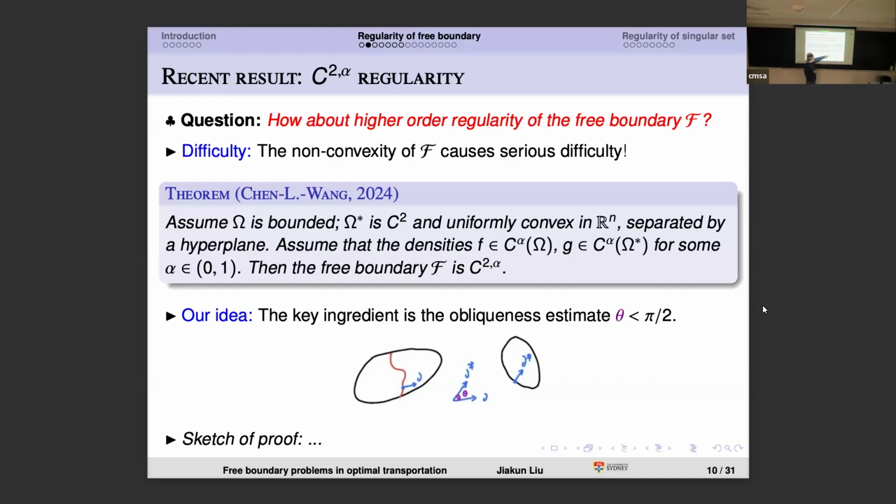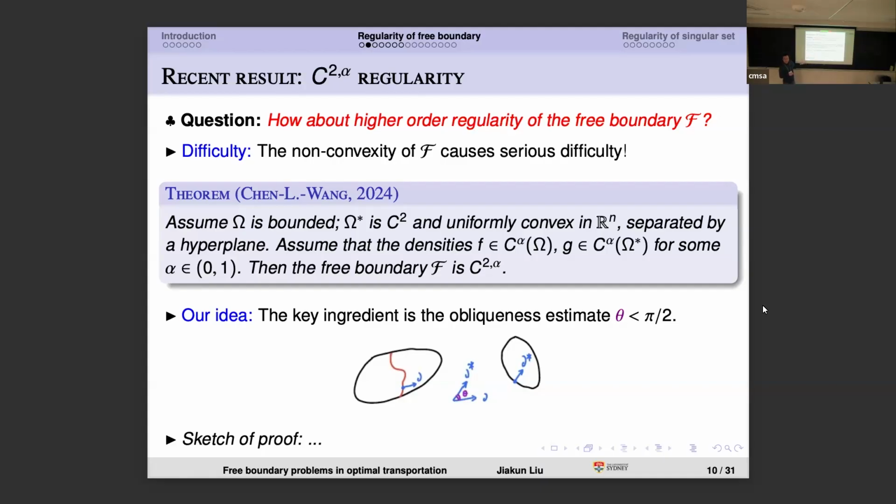And if you look at the target, it has a normal direction nu star. So obliqueness means the angle theta between nu and nu star is strictly less than pi over 2. Okay, that is called obliqueness. I mean, we can compare such an obliqueness estimate with the Hopf lemma for the Dirichlet boundary problem, right?